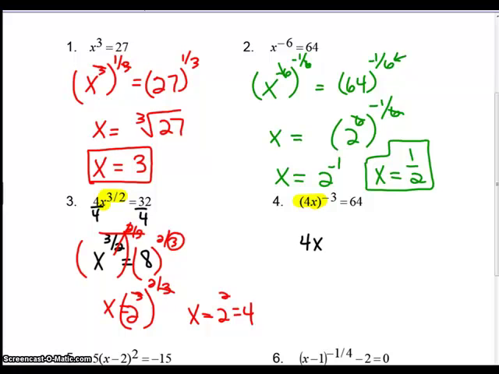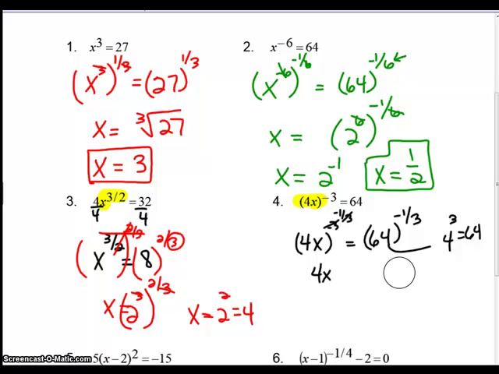We're just going to go ahead to the reciprocal power. So 4x to the -3rd to the -1/3. So that cancels and leaves us with 4x. 64 to the -1/3 power. Since 4 to the 3rd power equals 64, I'm going to rewrite 64 and replace it with 4 to the 3rd power, keeping the -1/3 power.